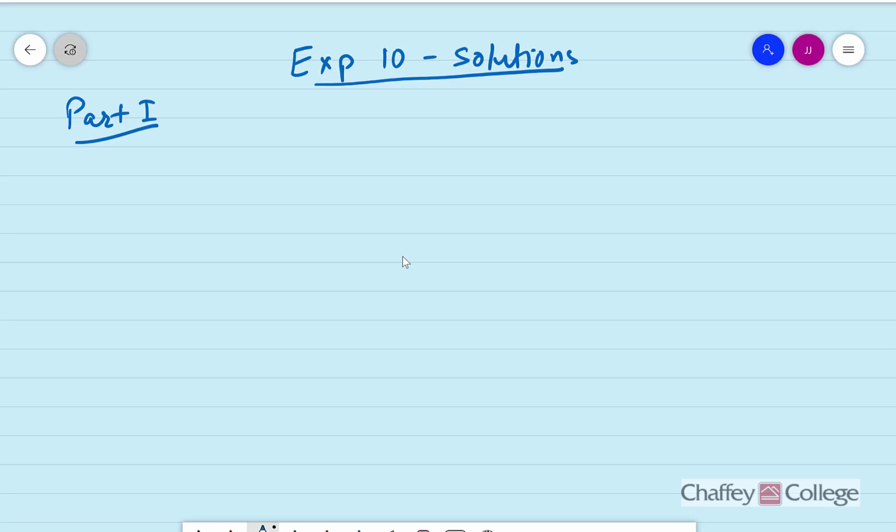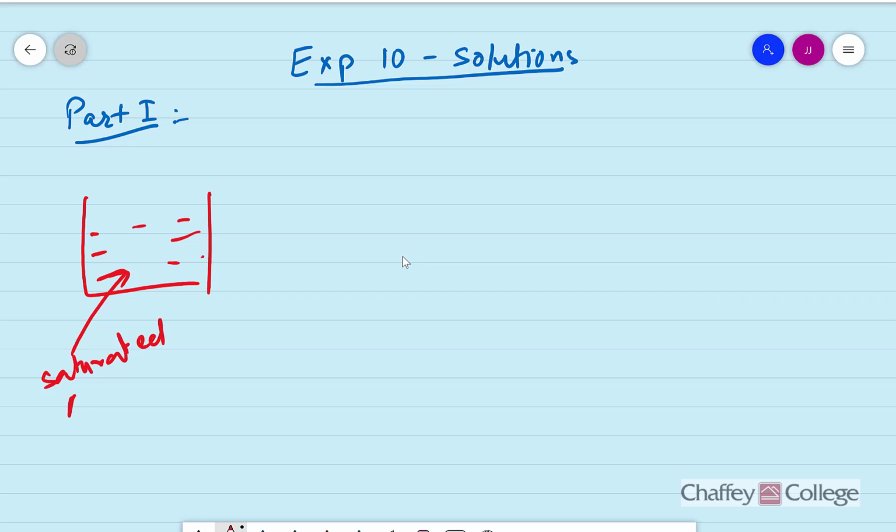In part 1 of this lab, we are going to measure the concentration of NaCl solute present in a saturated solution. So in this experiment, we will determine how much solute is present if we are given a saturated NaCl solution.